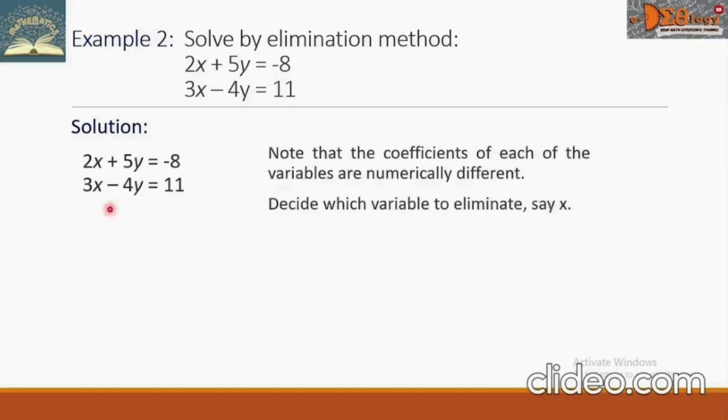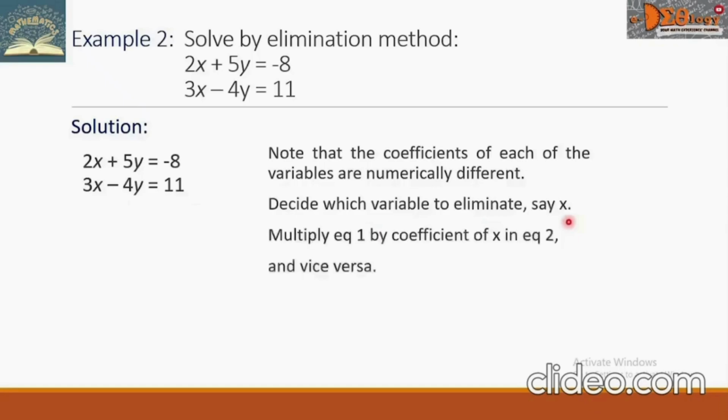In this case, we can decide which variable to eliminate. Let's say x. We're going to multiply equation 1 by coefficient of x in equation 2, that is the number 3, and vice versa. It means the first equation we multiply by 3, the second equation we multiply by 2.